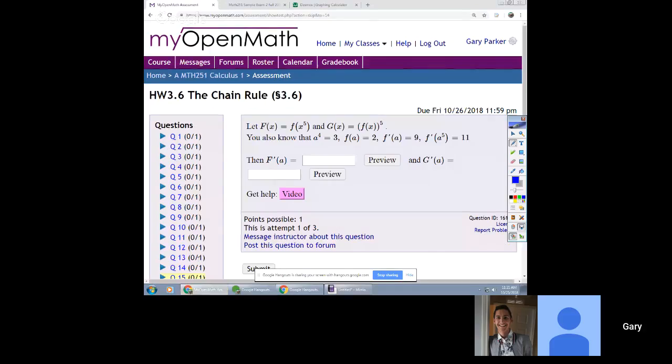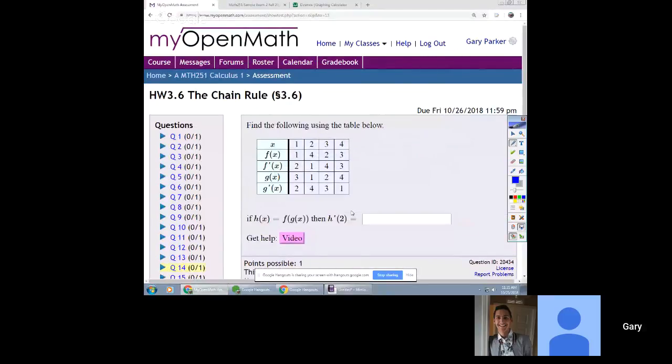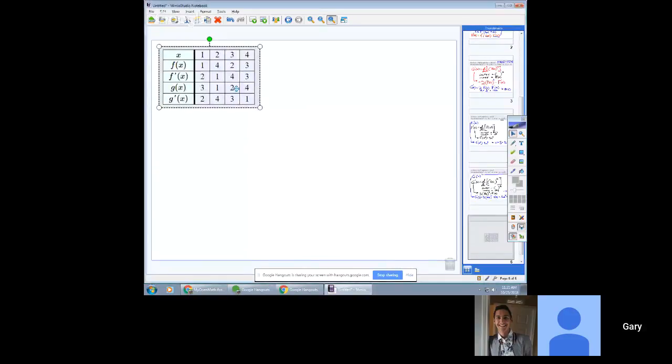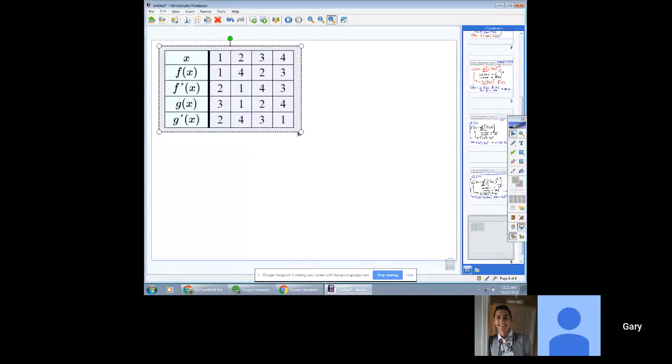Page 14. All right, so here we have a table. We want to find h prime of 2 if h of x is f of g of x. So let's grab the table. So we know that h of x is f of g of x.